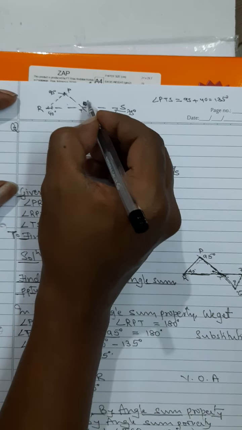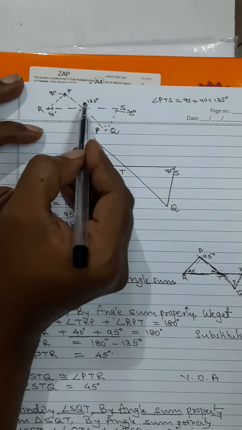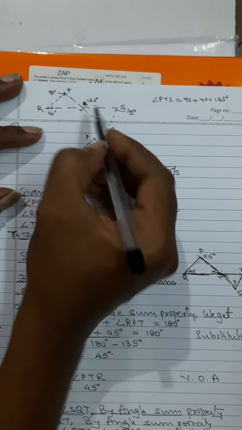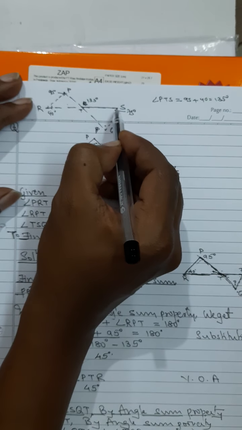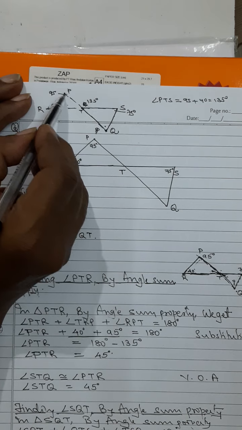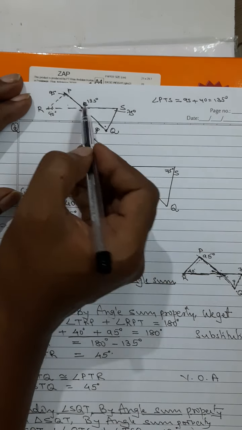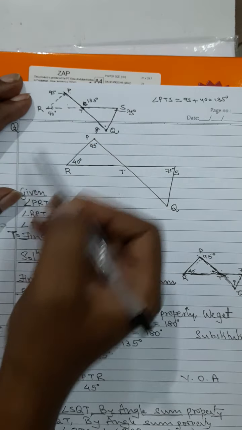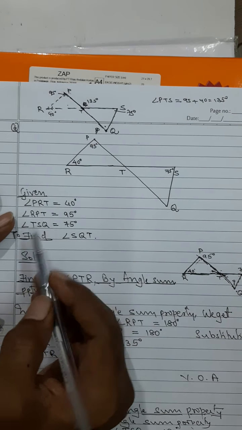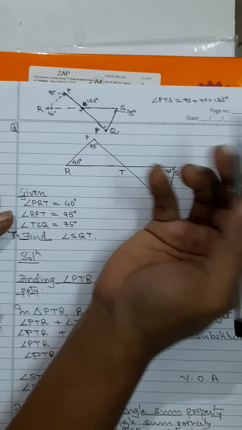Once you get this, now you have got this 135 degrees. So now you will see this same exterior angle is also an exterior angle over here for this triangle. Like this. PT is an extended side, TS is the side of a triangle. Now, for this exterior angle, these two are remote interior angles.